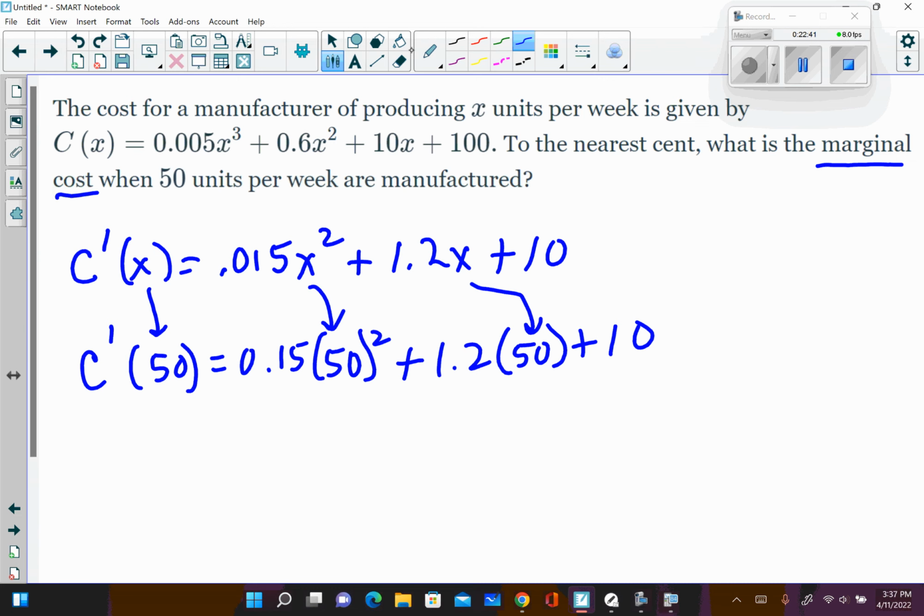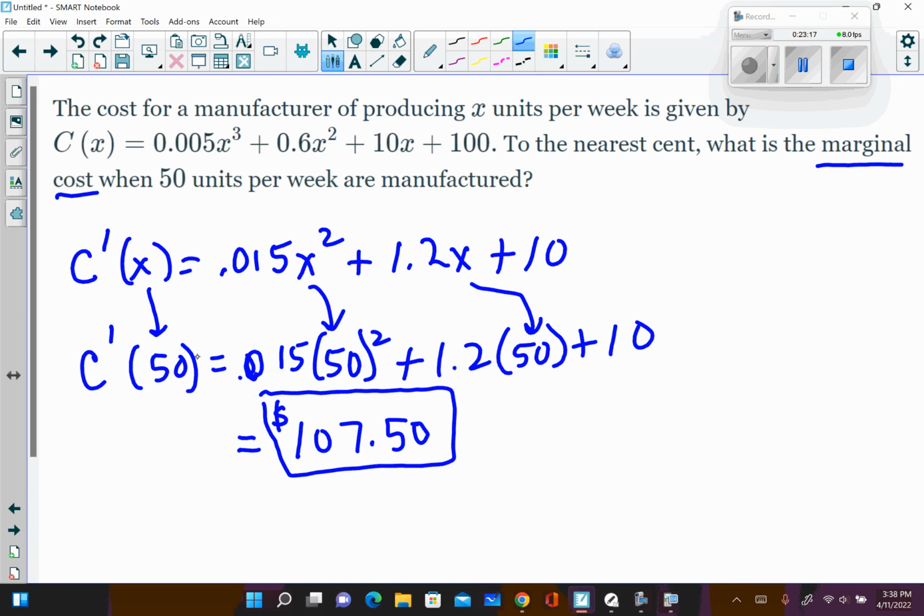Okay, so I'm getting the wrong answer because this is supposed to be 0.015 from above. Somehow I missed the 0, but everything else is okay. And this comes out to be 107.5, but to be dollars and cents, we put a 0 here. That number is called the marginal cost when 50 units per week are manufactured.